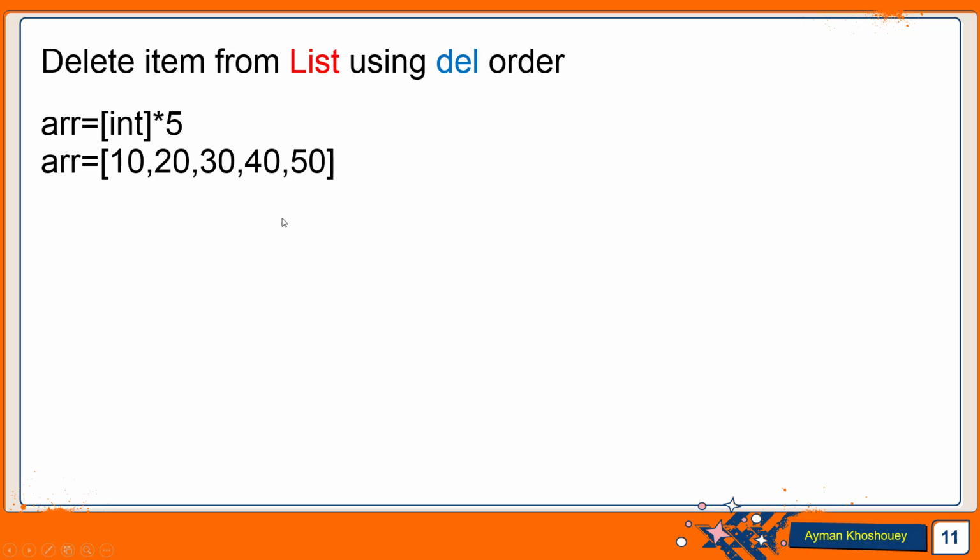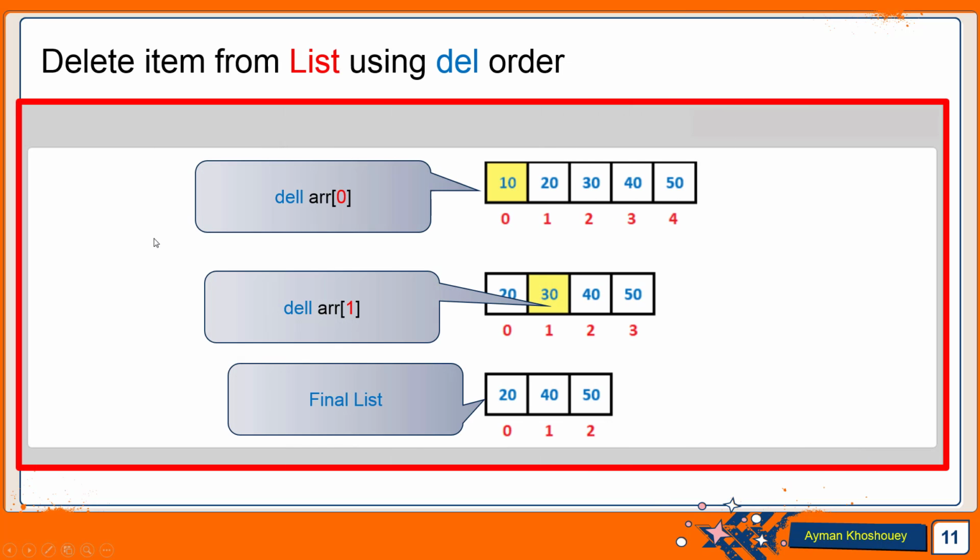If you want to delete an item from the list, use the del command. If you have an array of int multiplied by 5: 10, 20, 30, 40, 50, this is the list array. If you use del array 0, you will remove the item with index 0, and the remaining are 20, 30, 40, 50.